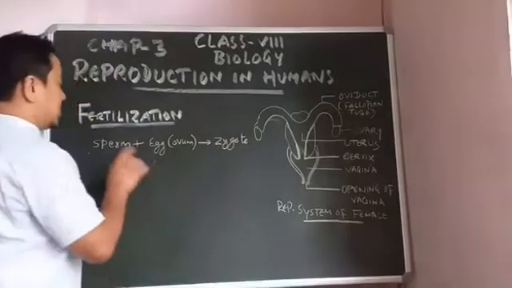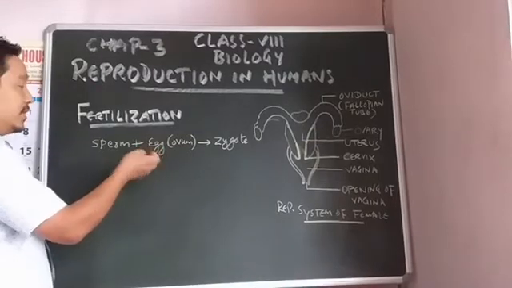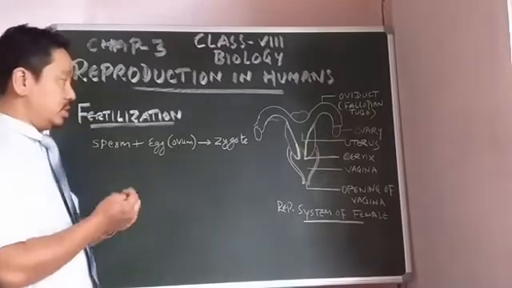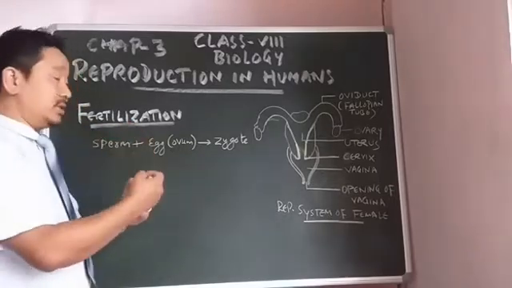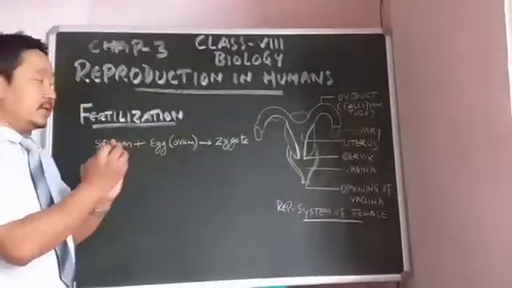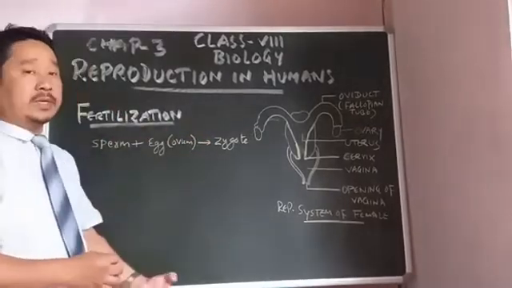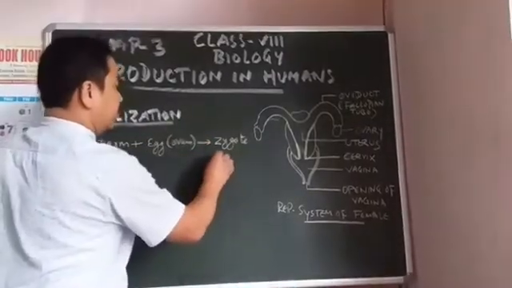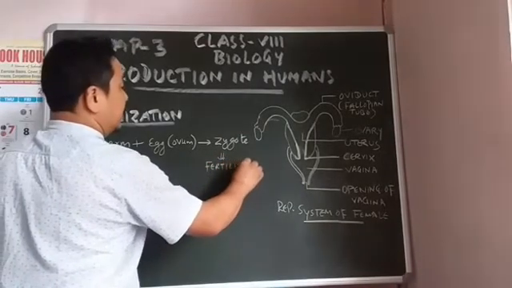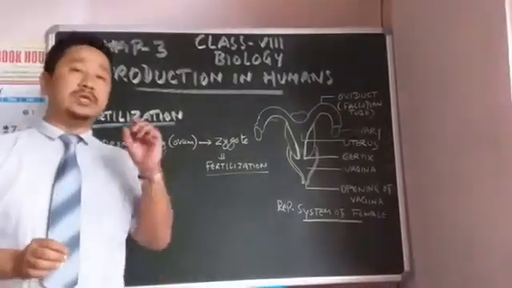That means when sperm and egg are fused, when they are joined, this fusion of the male and female gamete, this fusion of the sperm and egg makes a zygote. This process is called fertilization.